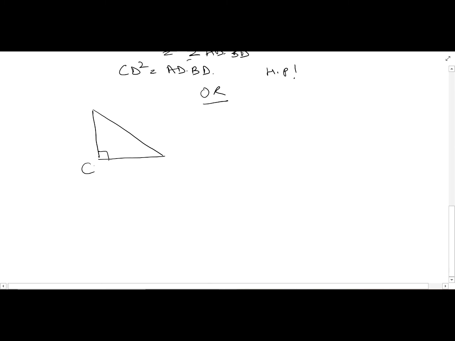Right angled at C. This is A and this is B. Now this is Q and this is P. We have to prove that AQ square plus BP square is equal to AB square plus PQ square.